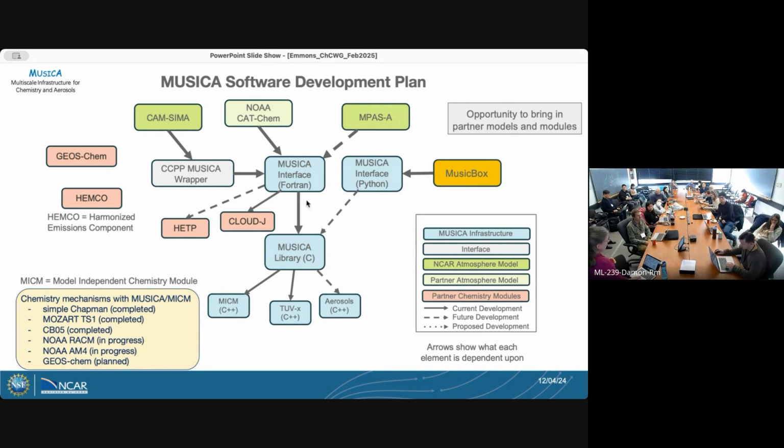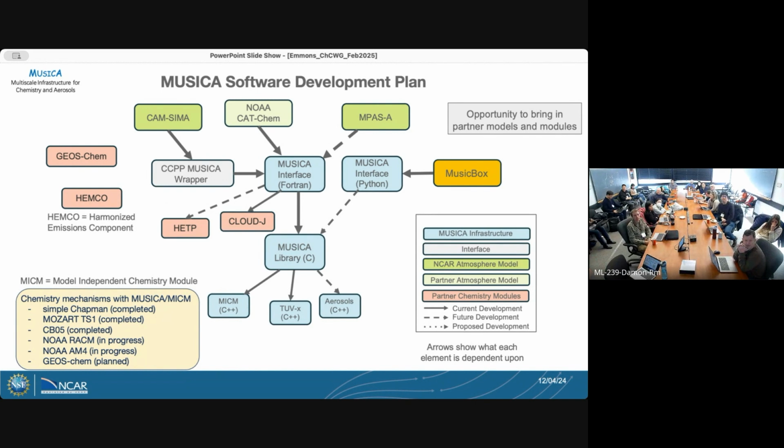Then this will connect to interfaces that allow the chemistry and aerosols to be connected to any atmosphere model: CAM-SEMA, the NOAA model they're calling CAT-CHEM, standalone MPAS, and we also have a version connected to a box model we call MusicBox. These pink boxes are being contributed by the Harvard team.